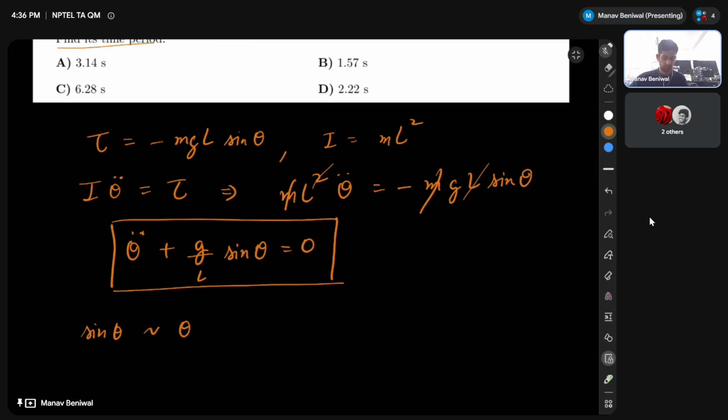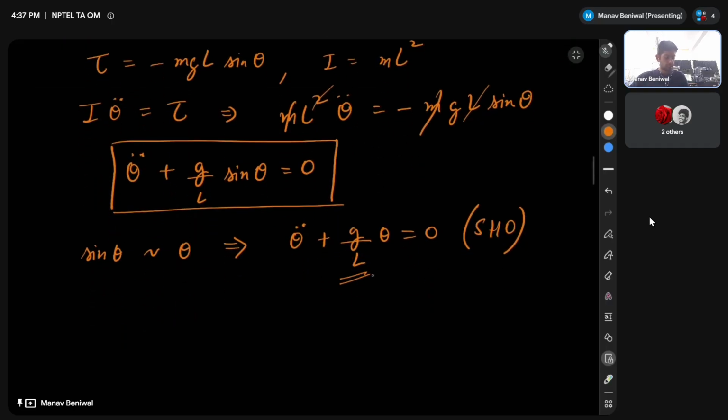Okay, so we can make this approximation, and this then implies that theta double dot plus g over l theta is equal to 0. This is exactly the simple harmonic oscillator equation.